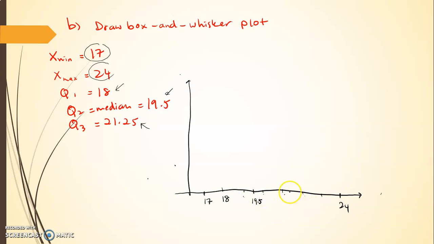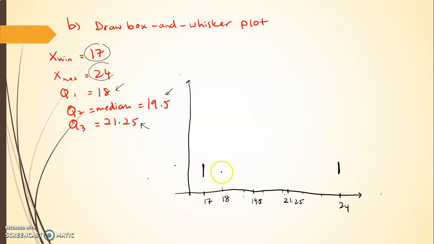So 21.25 may be on this scale, 21.25. Right? And then use a ruler, draw a tail or whisker for 17. Then draw the end whisker for the maximum value 24.